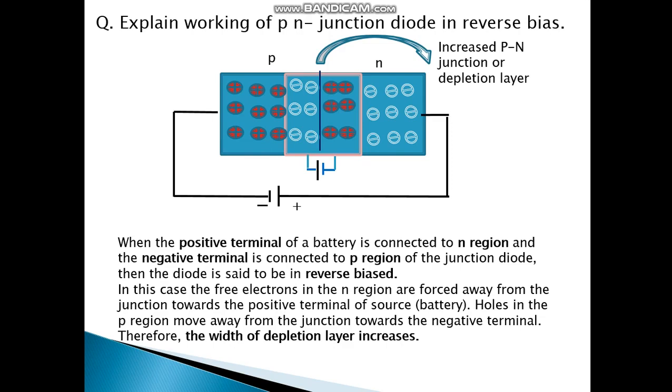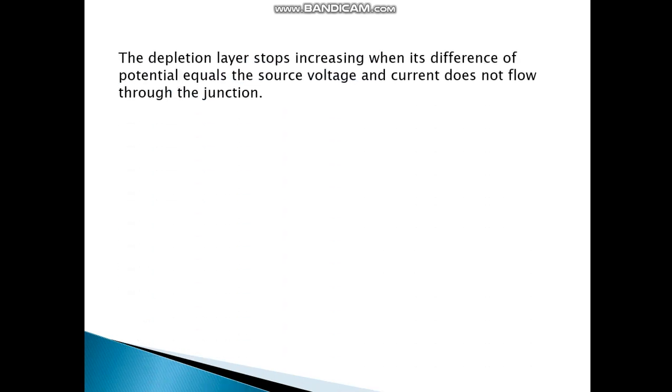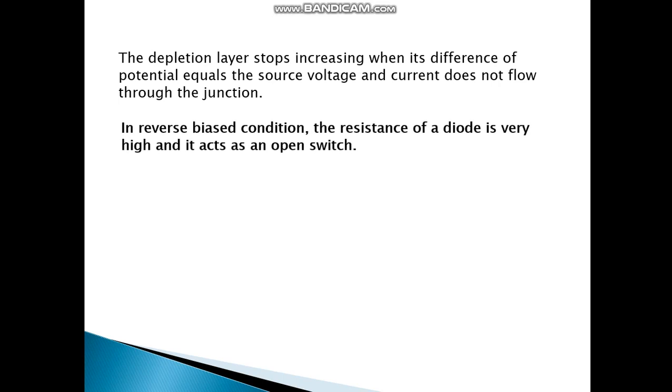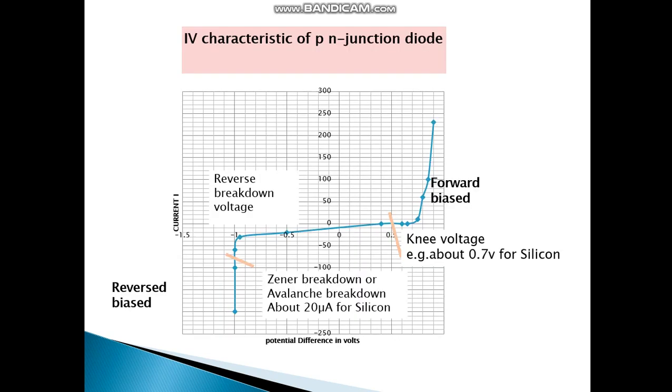Therefore, the width of the depletion layer increases. The depletion layer stops increasing when its difference of potential equals the source voltage and the current does not flow through the junction. In the reverse bias condition, the resistance of a diode is very high and it acts as an open switch. In practice, a very small current due to minority carriers is produced by the thermal energy.